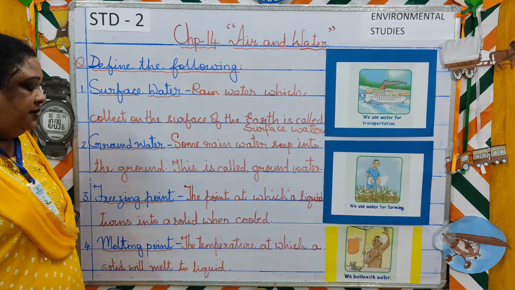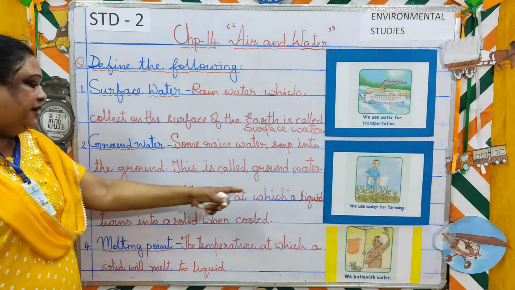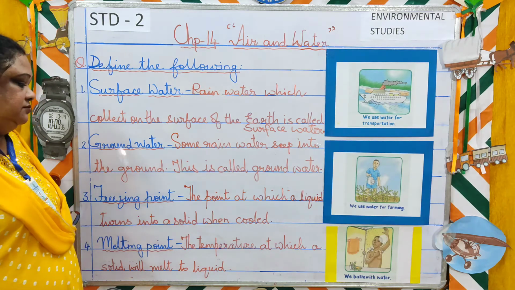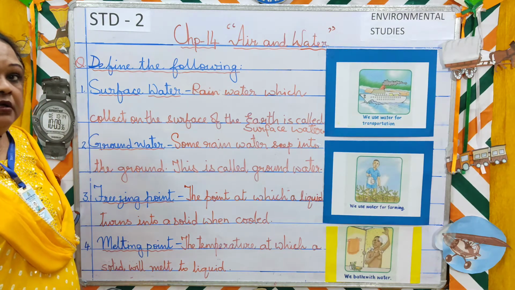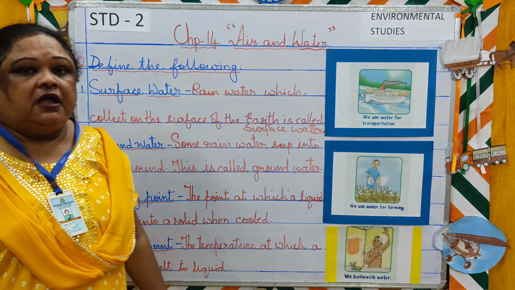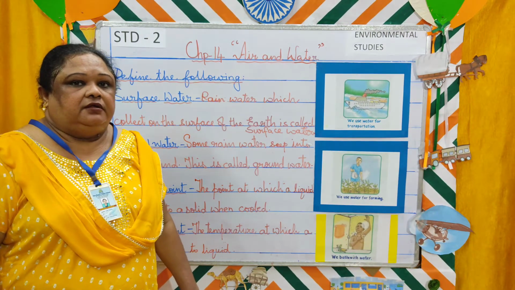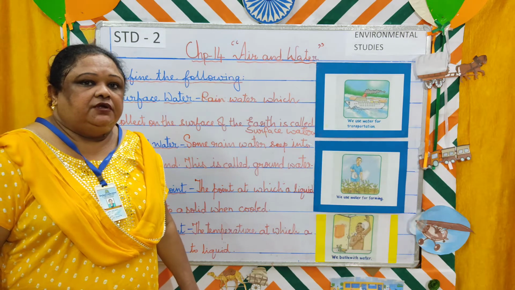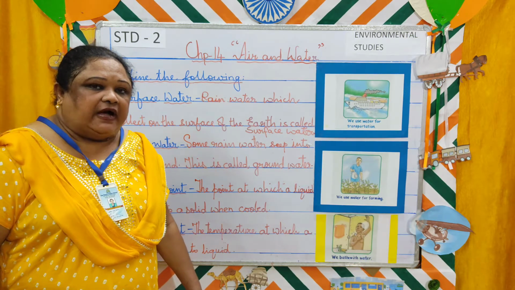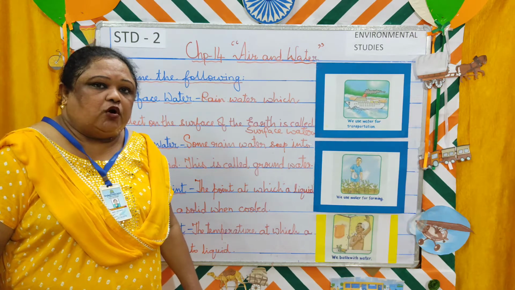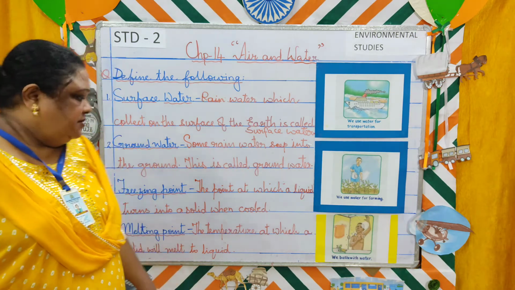Freezing point. Number 3. The point at which a liquid turns into a solid when cooled. When we put water into the fridge and it solidifies into ice, this is called freezing point.